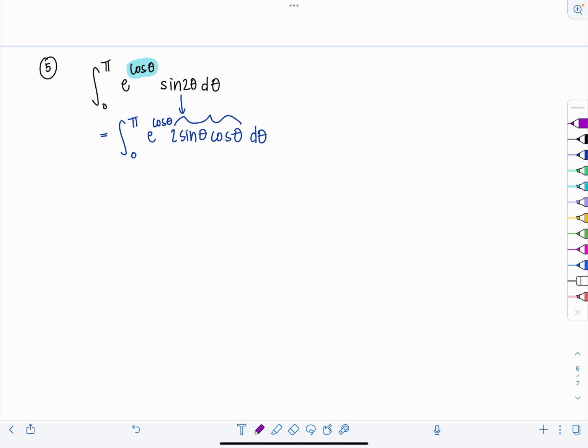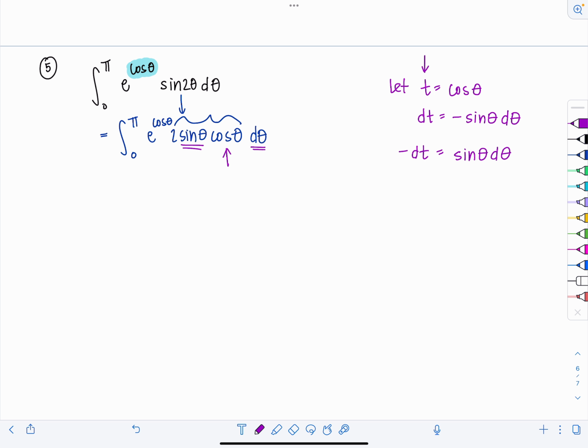So let's say I let t equal cosine theta, then dt would be negative sine theta d theta. I have that, sine theta d theta. So negative dt would be sine theta d theta. What about this extra cosine theta? Not a problem. That's just going to be t. Do you see how that's going to work?